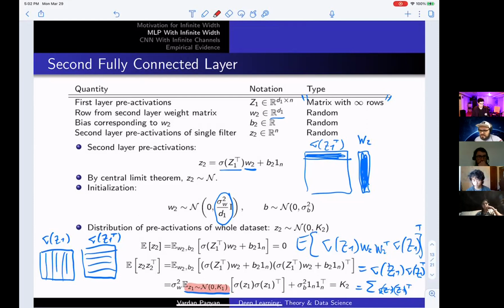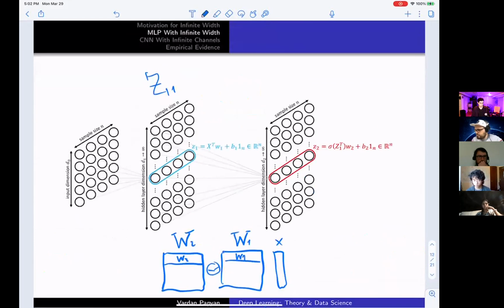And again, the reason is, let me write a proper explanation. So if you have sigma capital Z1, sigma capital Z1 transpose, it's equal to sum over i, let's say, and then you have lowercase z1 i, sigma z1 i transpose, right?